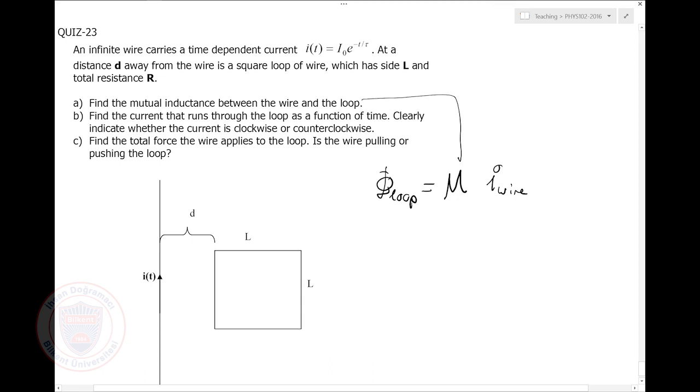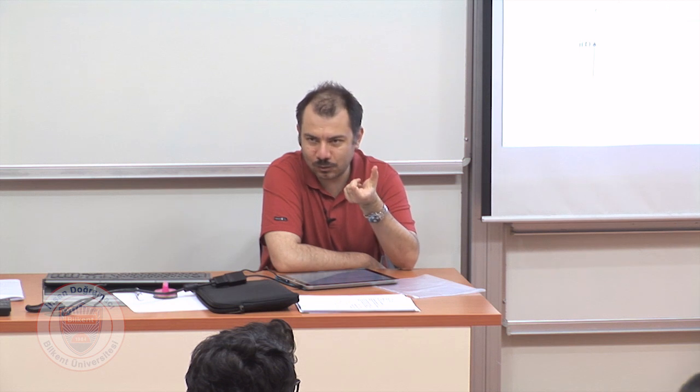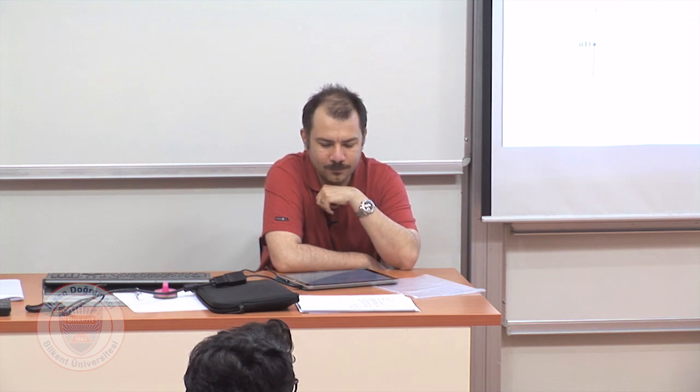Basically, that's what it's asking, right? So, how am I going to calculate mutual inductance? First, I need to calculate the magnetic field created by the wire. Then, integrate this to find the total flux through the loop, which will give me the mutual inductance. But after that, find the current that runs through the loop as a function of time.